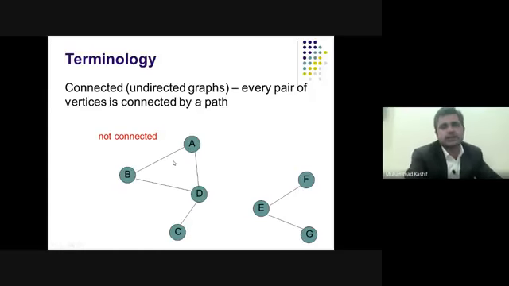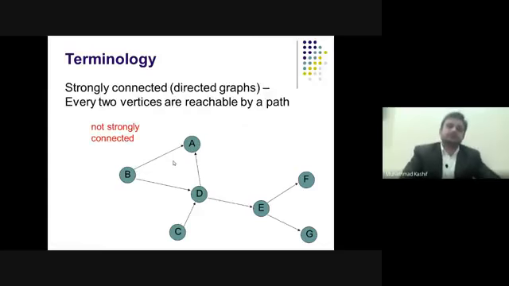And by the way, it's an undirected graph. And there is another terminology available in graph theory: strongly connected directed graph, where every two vertices are reachable by a path. Strongly connected means that any two vertices are reachable by a path, but in this particular example we cannot reach the vertices, so it is not strongly connected.